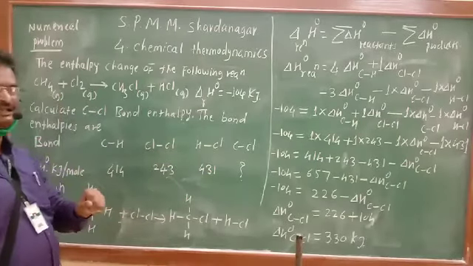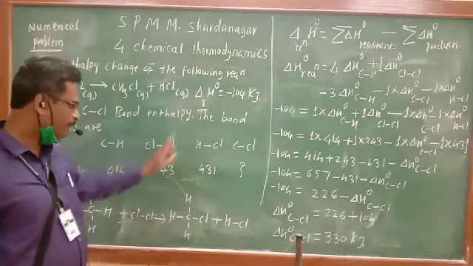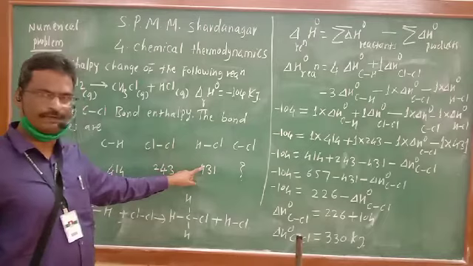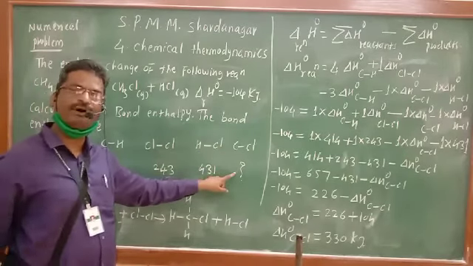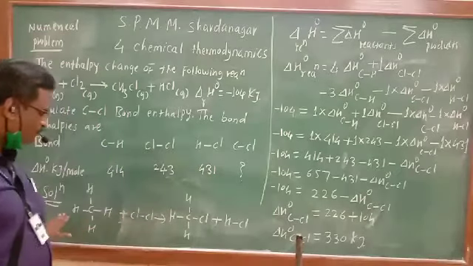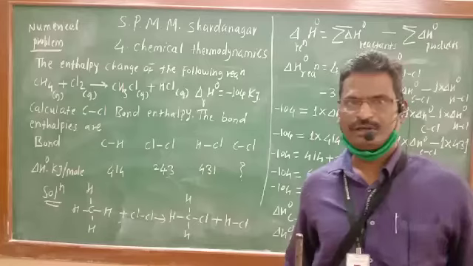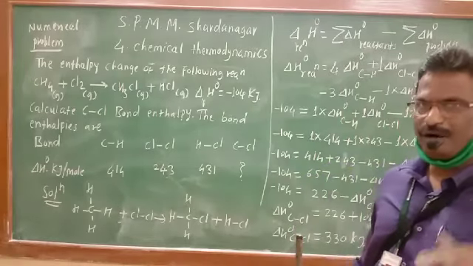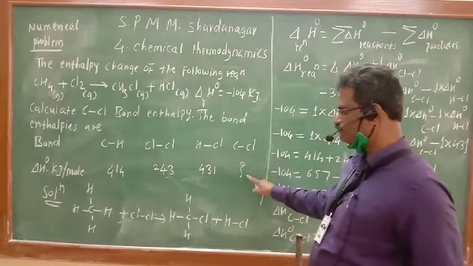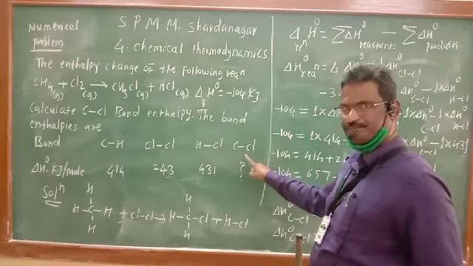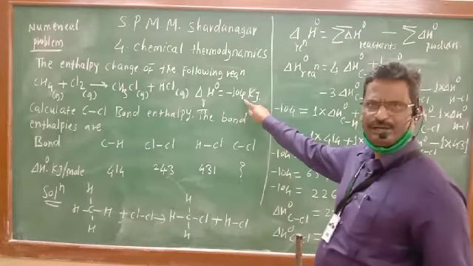We know the reaction enthalpy value. Enthalpy of reaction is given. Bond enthalpies of 3 bonds are given, and they have asked to calculate the bond enthalpy of 1 bond. By this format, we can calculate it. Otherwise, what they may do is give this value. If this is given and this is asked to calculate, that is also very simple.